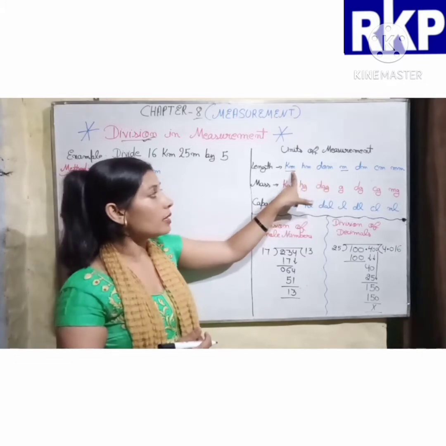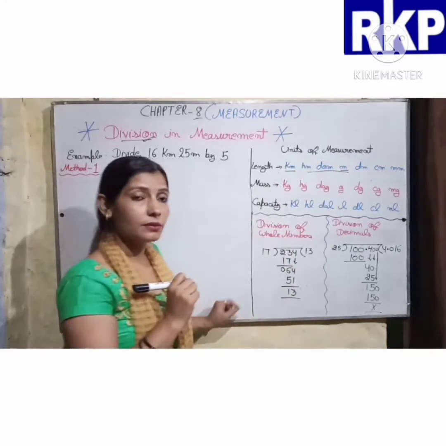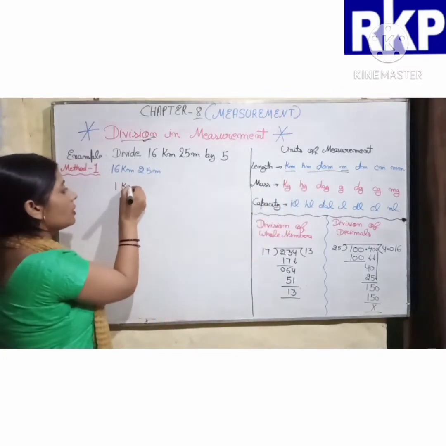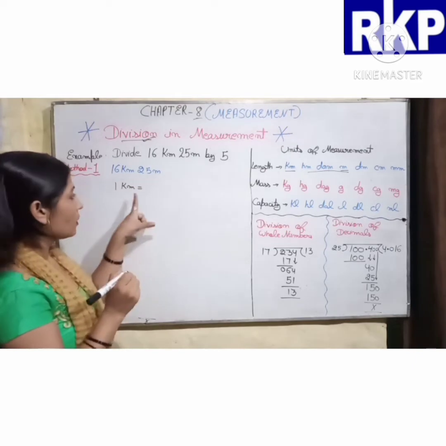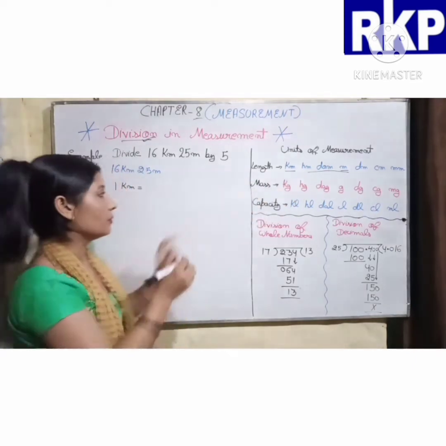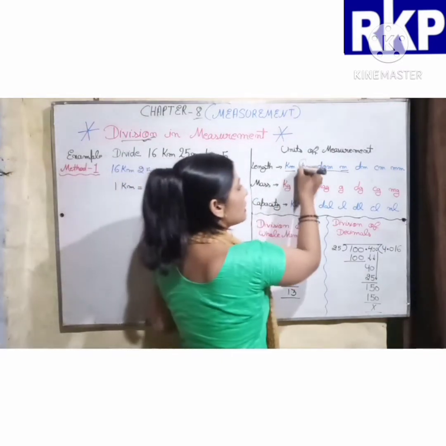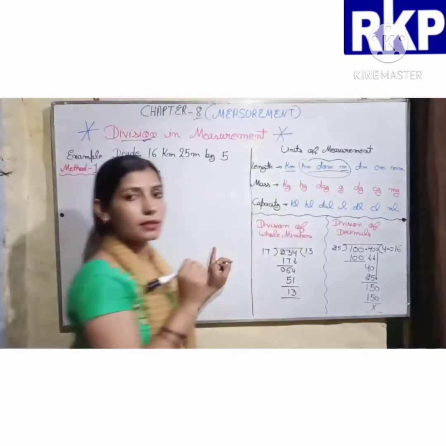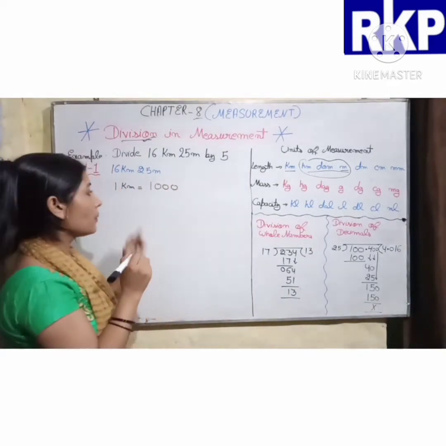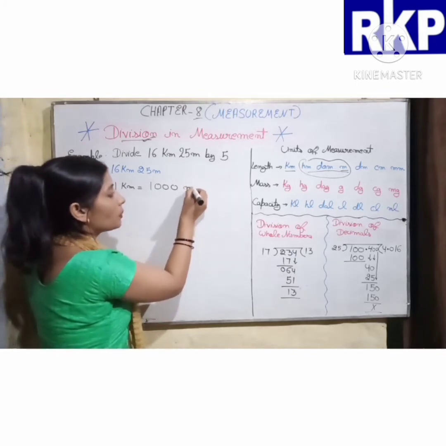So 1 kilometer is equal to 1000 meters. Here write 1 kilometer is equal to 1000 meters. For kilometer we write 1, and for these three units we will write 3 zeros. So 1 kilometer is equal to 1000 meters.